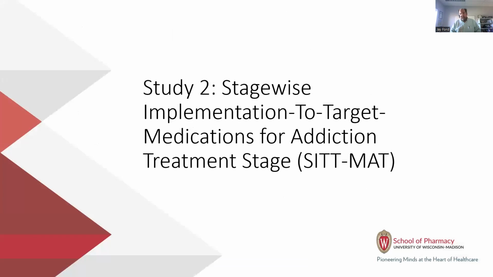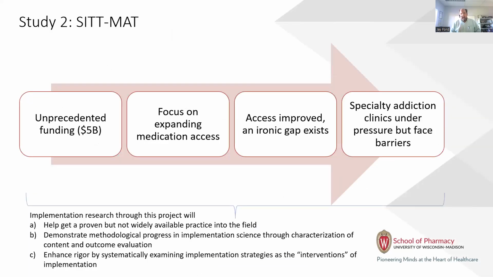So then just another example, before I shift to some stuff that we're doing in pharmacy, is this project that we have called SITT-MAT, Stage-Wise Implementation to Target for Medications and Addiction Treatment. And it really is trying to address the issue of expanding access to medications. Even though access has improved, a gap exists, especially for specialty addiction treatment clinics.